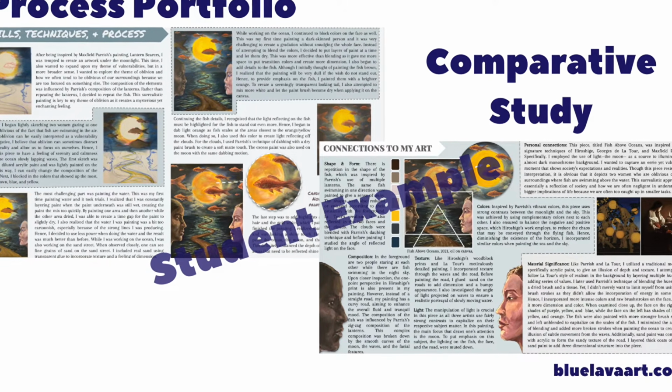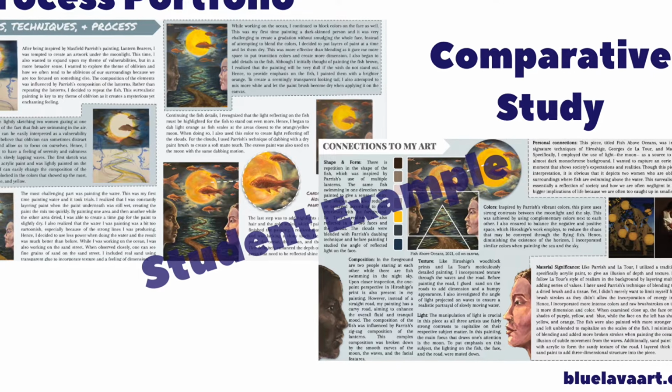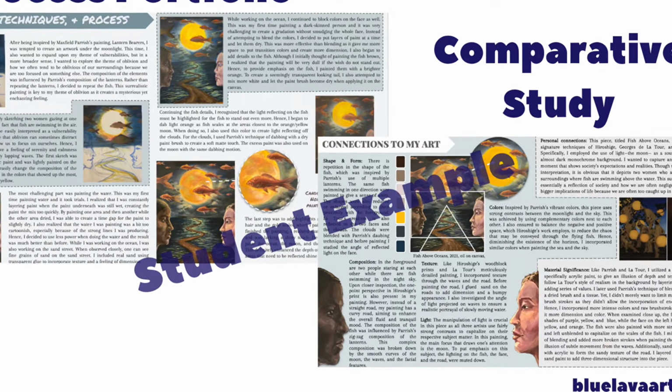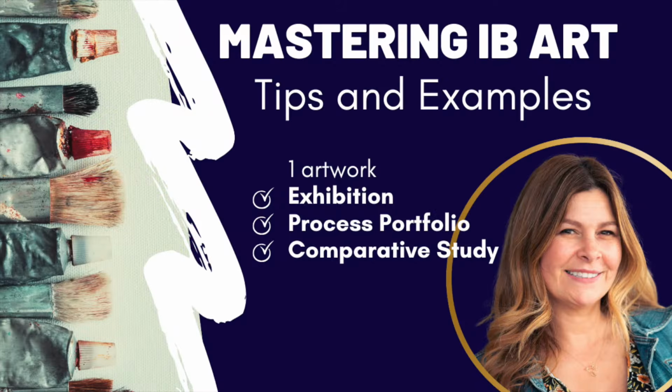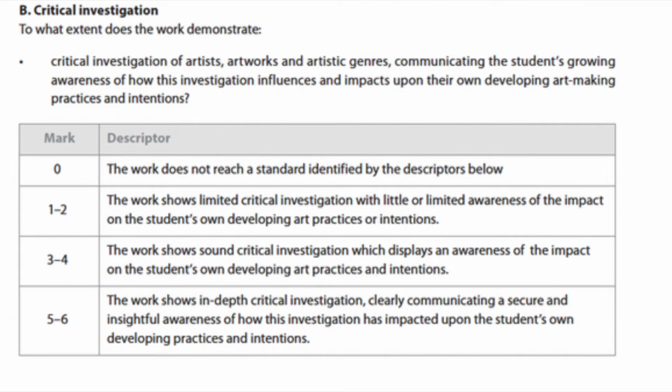If you watch my video about mastering IB art, I talk about how you can create an artwork for the exhibition that addresses your process portfolio, your comparative study, and of course, your exhibition. It's sort of a Venn diagram of things, but the assessment criteria for the process portfolio is very different than the comparative study. So I hope that's not too confusing, but basically, art is a conversation that spans generations.